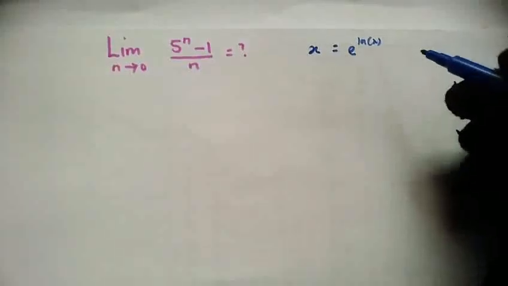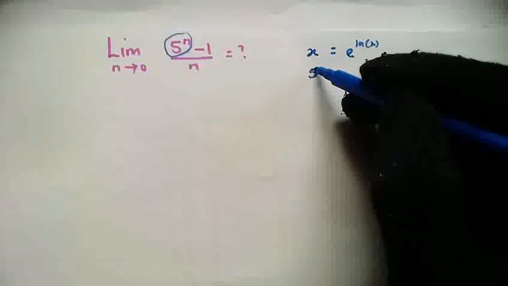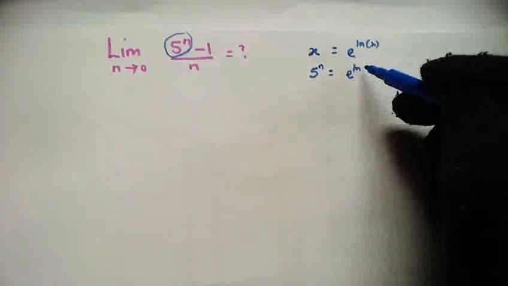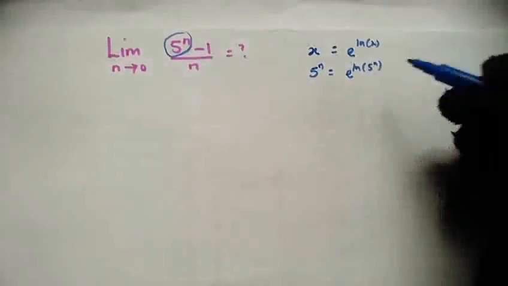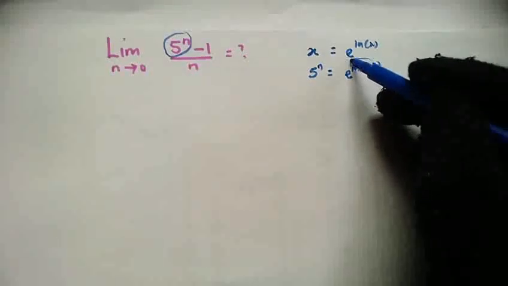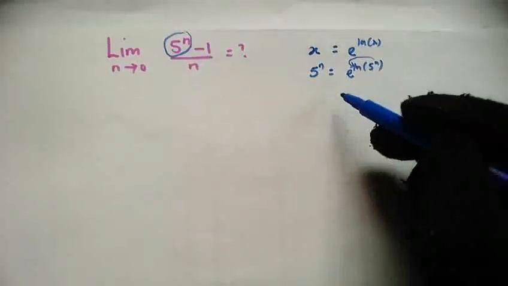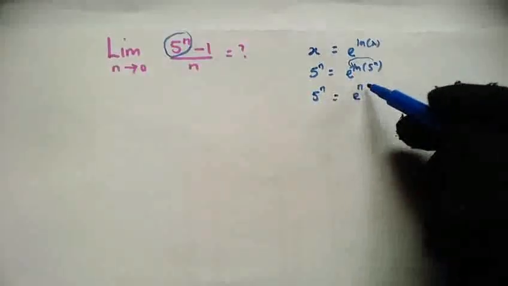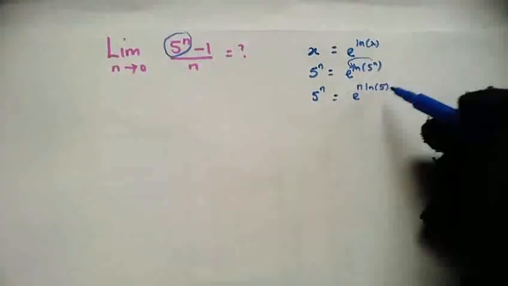Now 5^n can be written as e raised to the power of the natural logarithm of 5^n. Using the property of logarithms, the n comes out front, so we have 5^n equal to e raised to the power n times the natural logarithm of 5.